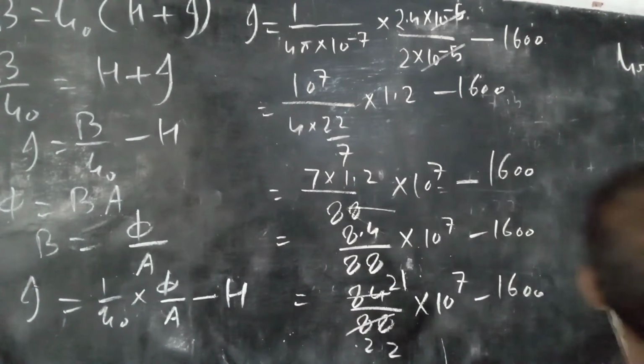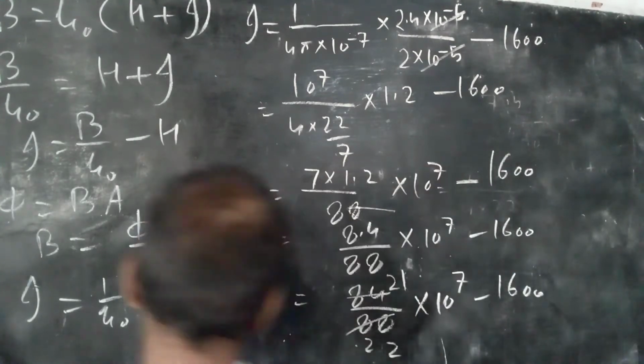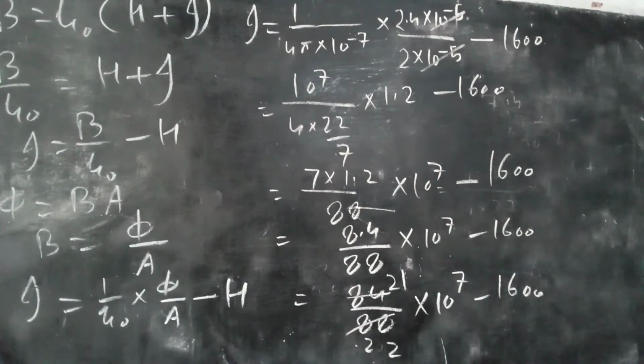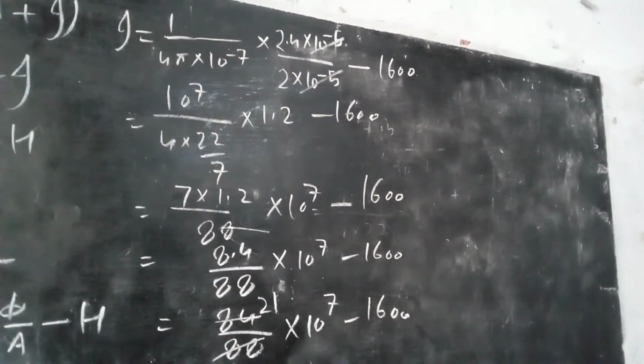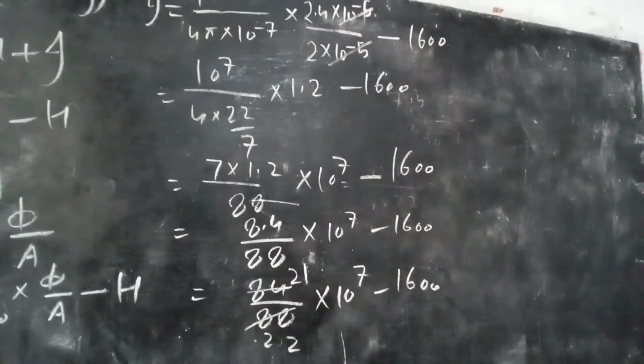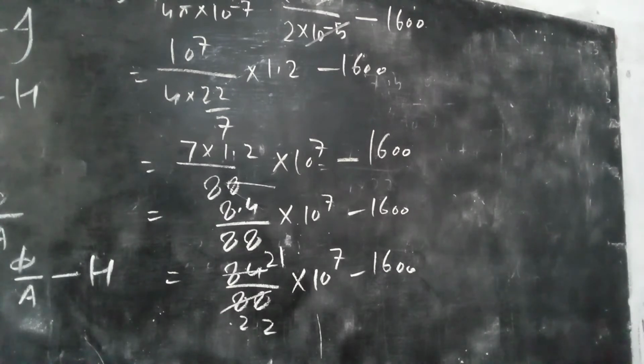Now divide 21 by 22. Divide 21 by 22. What is the division? It is 0.9545.